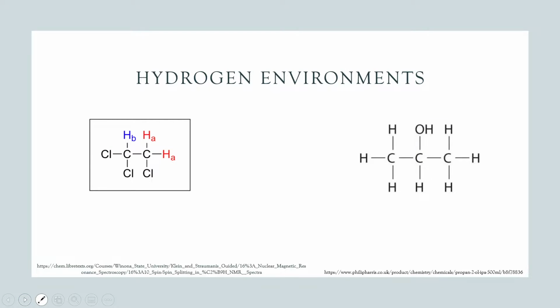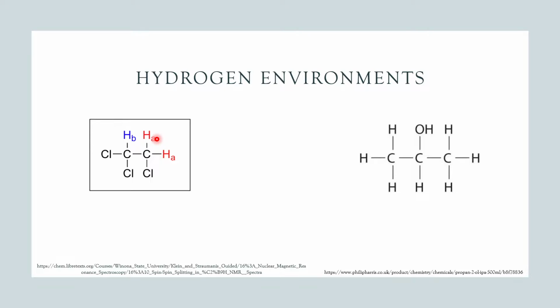What I do want to focus on though is this idea of different hydrogen environments. This is going to help us to understand splitting patterns and integrals in a lot more detail. So for example, in this chemical that I've got on the left, there are two hydrogen environments. There's HAs and HBs. Don't necessarily need to use that labeling system, but it can be helpful at times.